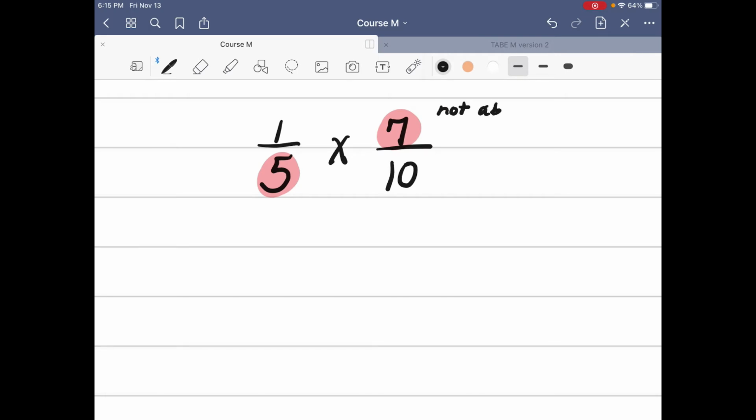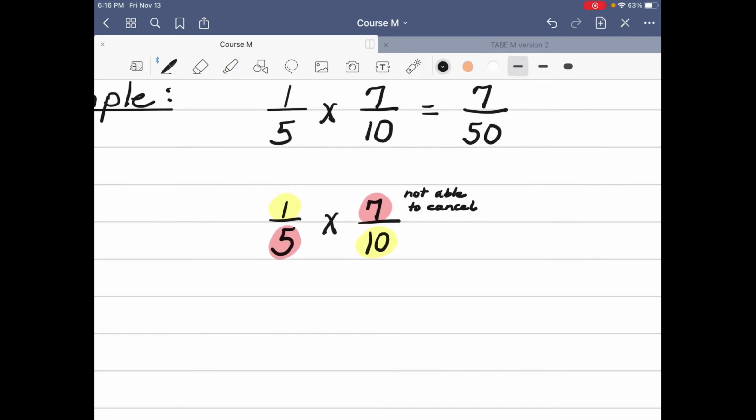You are not able to cancel this way. Nothing will break those down. And remember, breaking down is division in this case. If there's a 1, that's already lowest terms, so you can't cancel that way either.